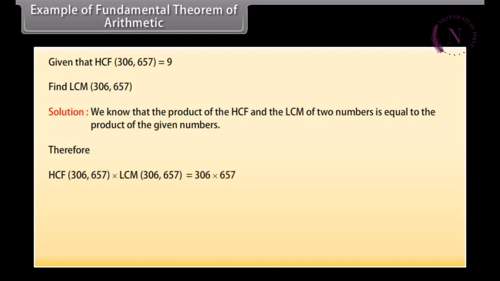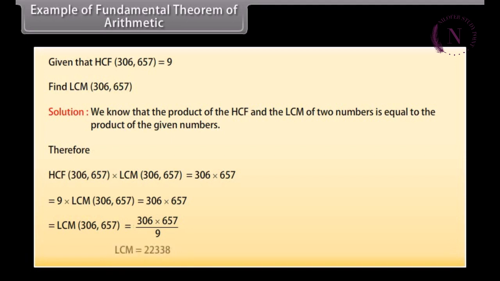LCM(306, 657) = 306 × 657 / 9. LCM is equal to 22,338.